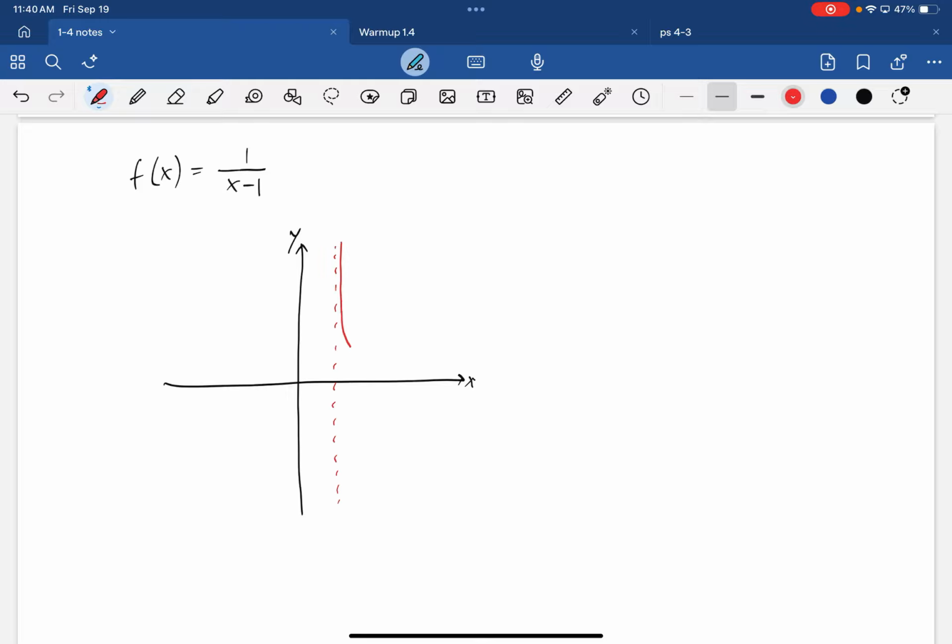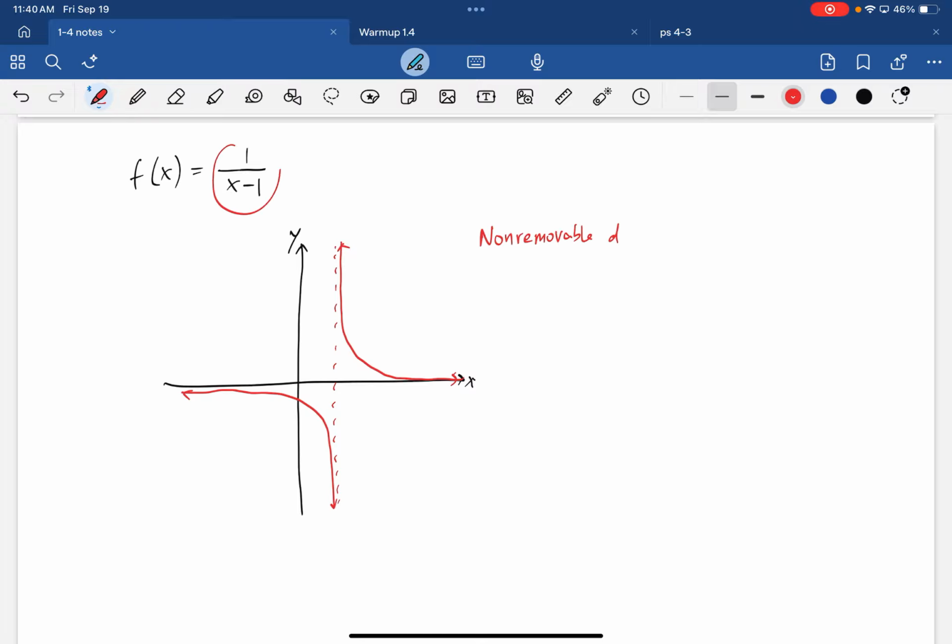And then my graph would look like this. And this discontinuity is not a hole anymore. It's an enormous jump. And this is what we call a non-removable discontinuity, because it's not something we can easily get rid of, I guess.